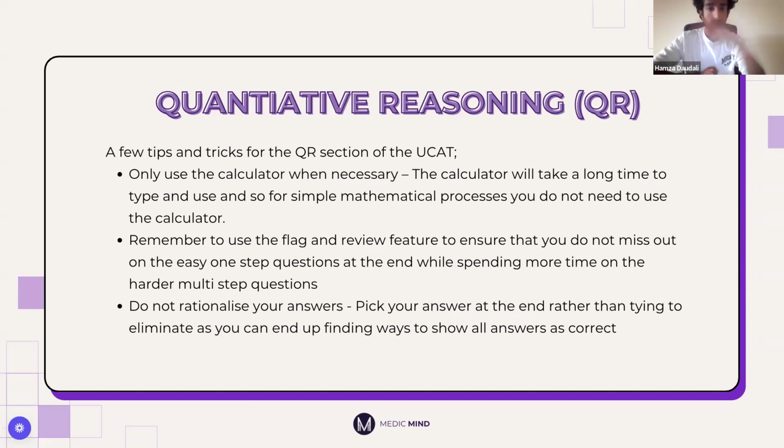There might be a couple that are obviously wrong, but most of your answer options are different versions of the mathematical process that you're going to want to do. If you get beholden to perfectionism, you can often be stuck in a cycle where you rationalize every answer to be potentially true. Therefore, picking your answer at the end can help you avoid that process, because it helps you make sure you're only doing the mathematical process you know is correct and will get you to the correct answer.